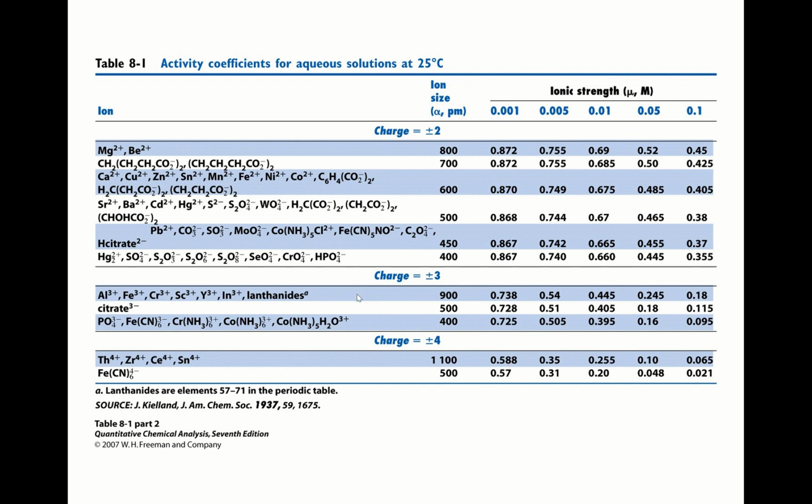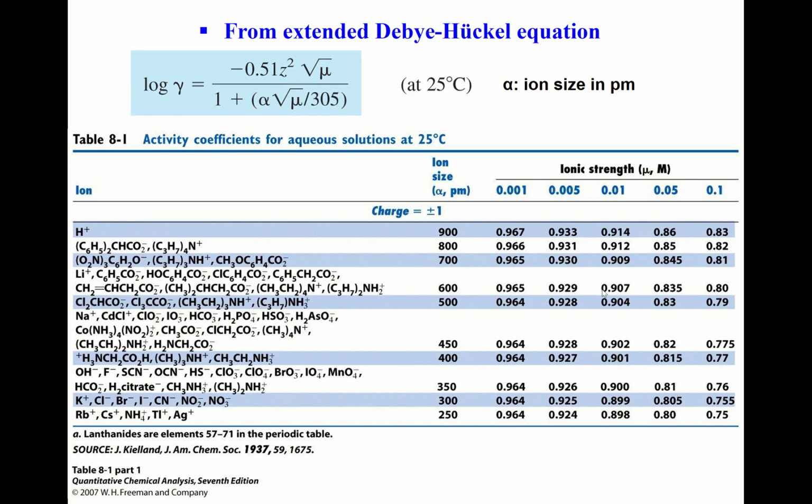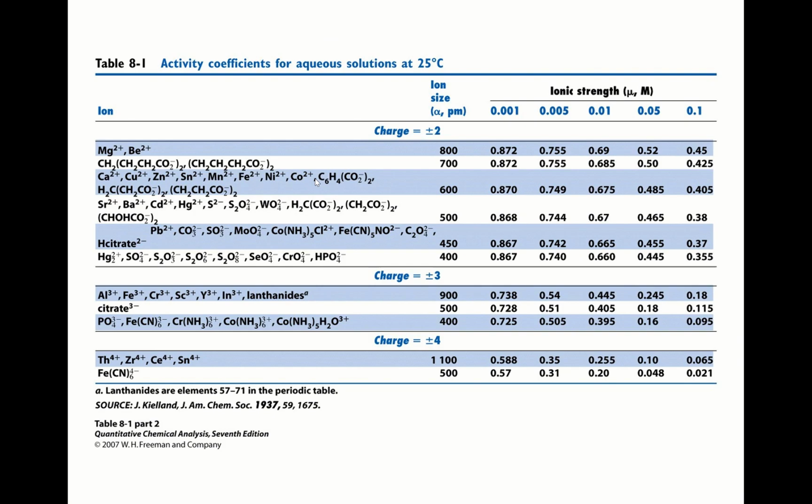This is a table. So when the problem is given, you can find the activity coefficient from these tables. Or if you remember this equation, you can use it to get this activity coefficient.